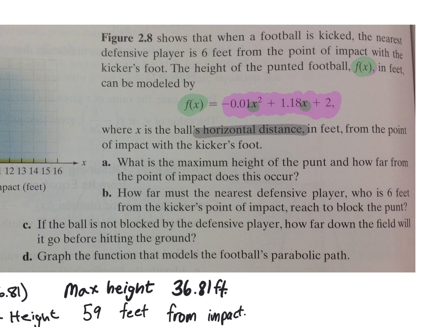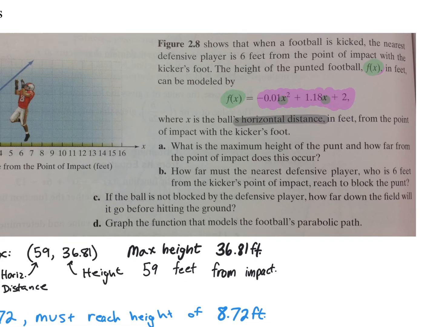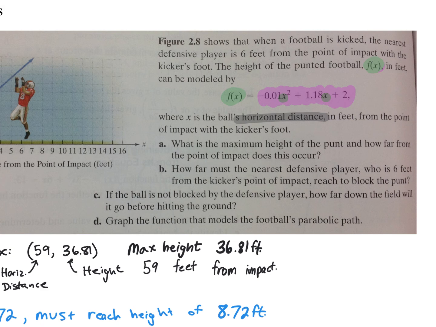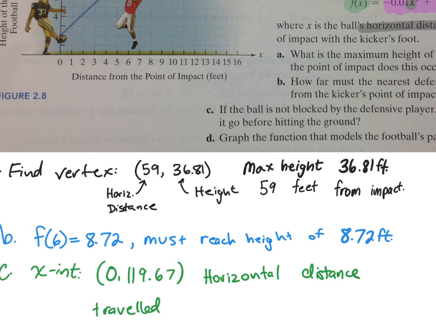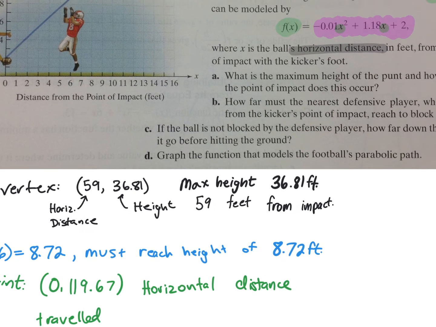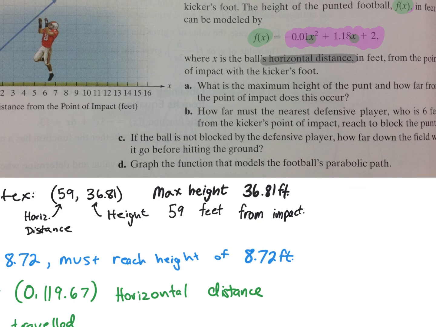and our output, our f of x, or our y value, will be the height of the ball at that horizontal distance. So in part A, they want us to find the maximum height and how far from the impact it occurs. That's just a fancy way of saying find the vertex. We can use a couple different ways of doing this.